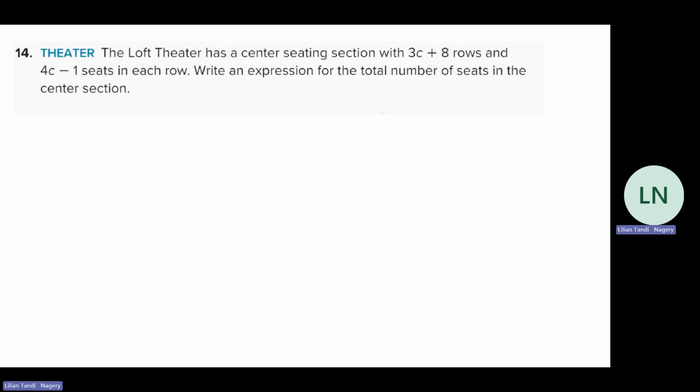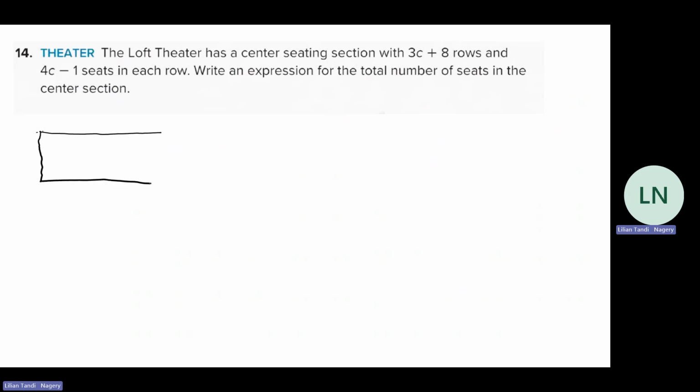The Loft Theatre has a center seating section with 3C plus 8 rows and 4C minus 1 seats in each row. So that means rows and columns. So rows go this way and columns go this way.